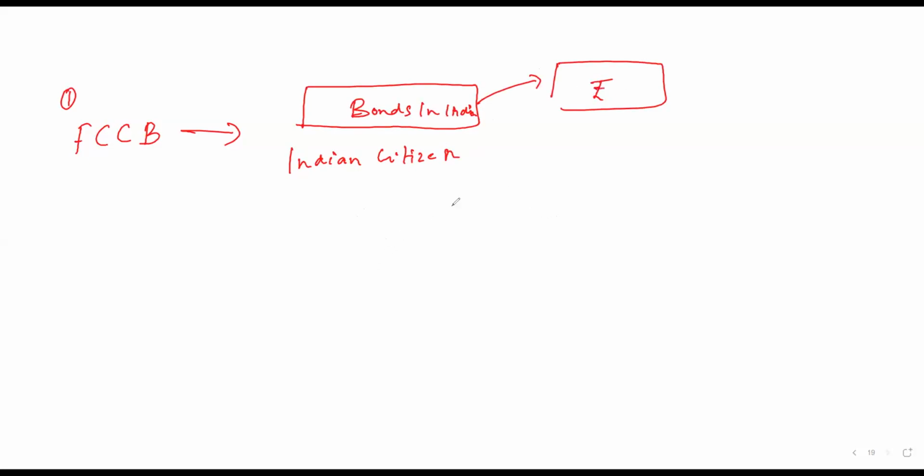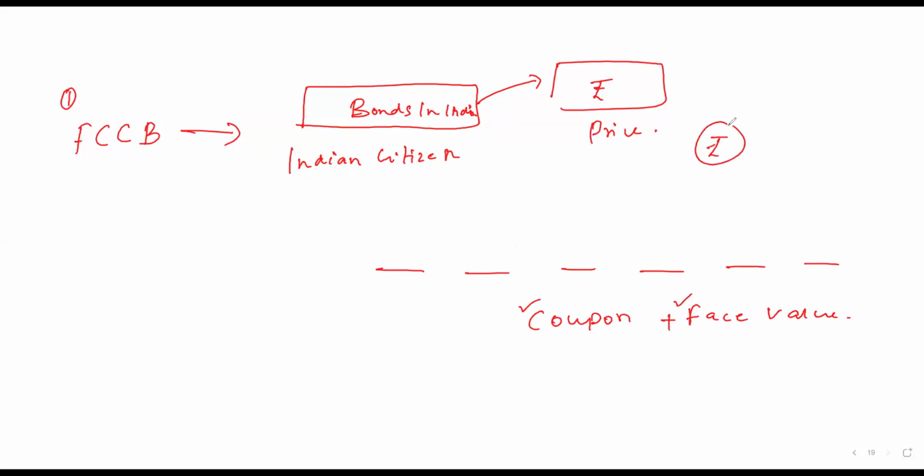In future, I am expected to receive the coupon as well as the face value. I have an option over here: either I could receive this coupon in rupees, or I could choose dollars for receiving this coupon. So this is a foreign currency convertible bond. I have an option to convert it into dollars or keep it in rupees.